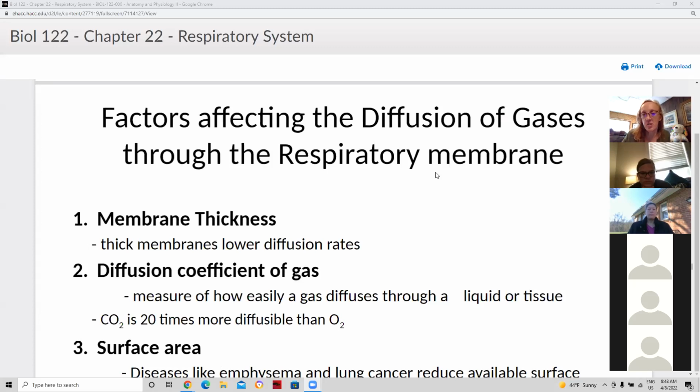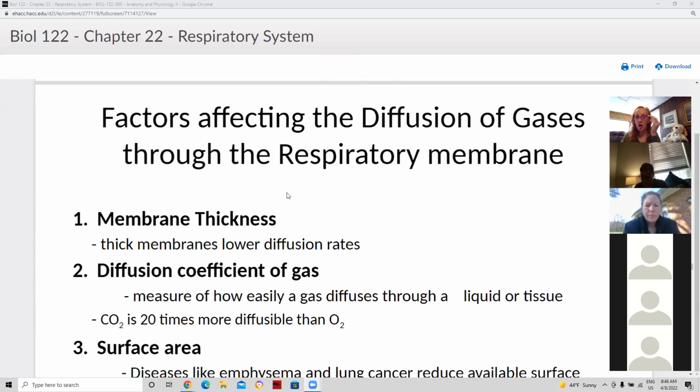Factors that affect the diffusion of gases through the respiratory membrane. Membrane thickness. If you think about some of these, a few of these are pretty intuitive.